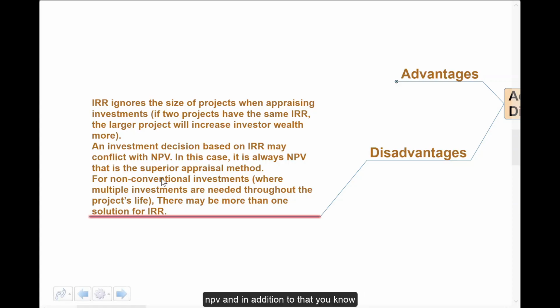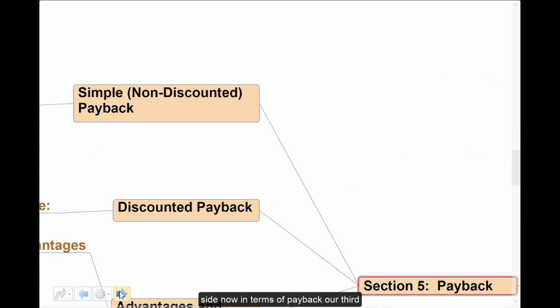And in addition to that, where the cash flows are not as we described, in other words, initial setup outflow and then inflows and outflows, where they're not uniform in some way, it may well be that there's several IRRs. That makes things confusing both for financial managers and non-financial managers. So all is not completely rosy with the IRR side.